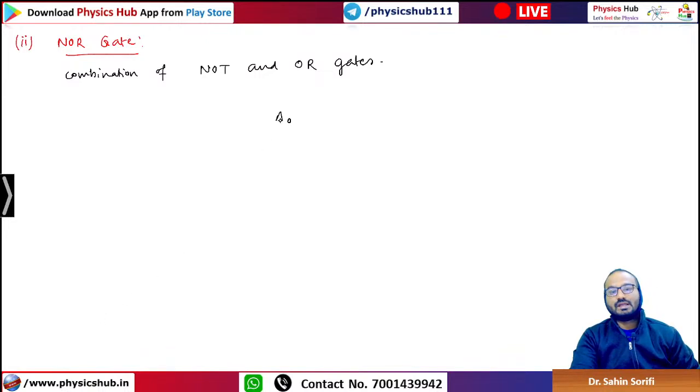So A, B, OR gate. This operation does the OR operation. Then you put a bubble which is complement, OR plus NOT, NOR. A plus B, and this bubble does complement.